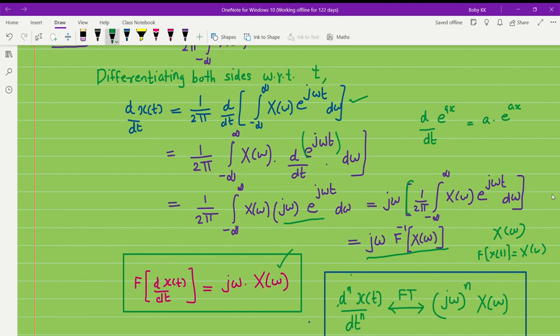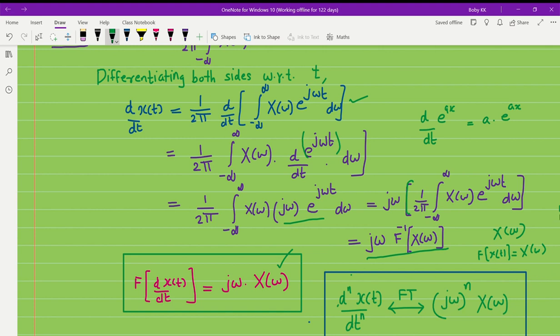This equation can be extended to any power of differentiation. That means if you consider d raised to n by dt raised to n of x of t, then its Fourier transform will be j omega raised to n times X of omega.